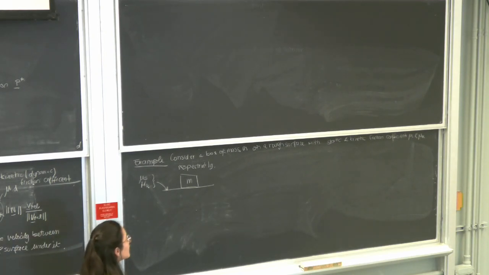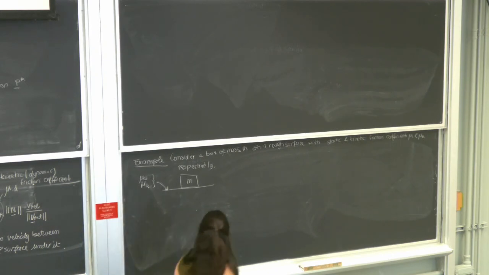Consider a box of mass m on a rough surface, static and kinetic friction coefficients, mu s and mu k respectively, and the block is being pushed by a force P.